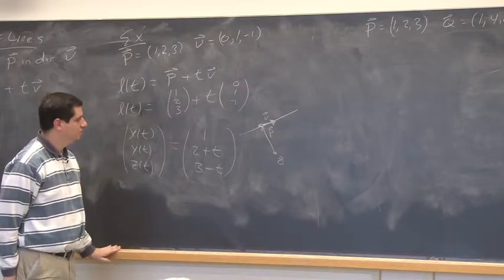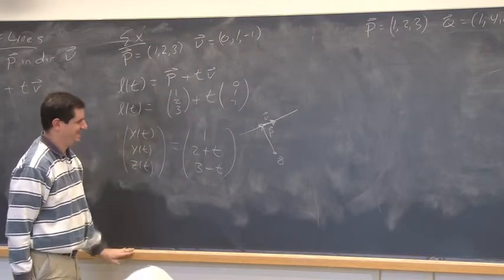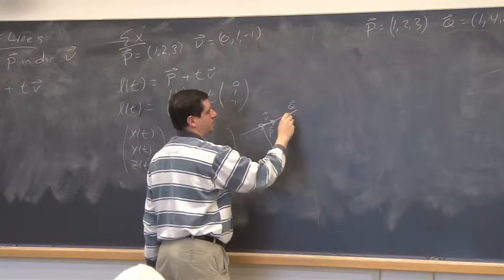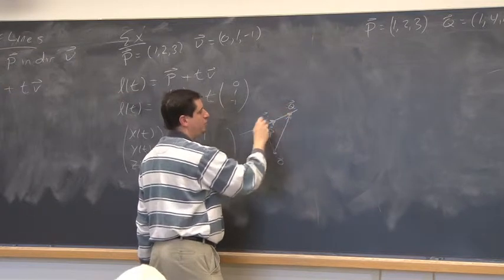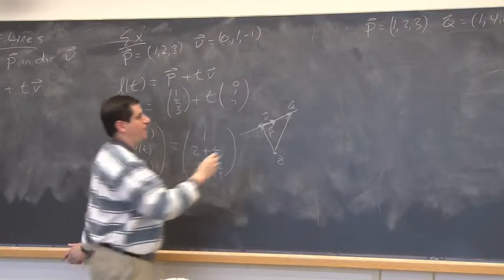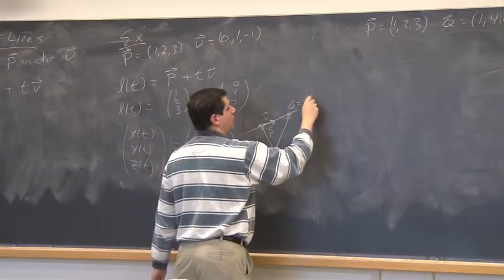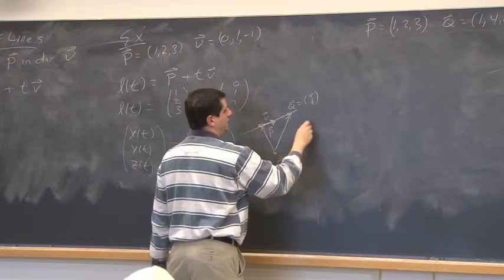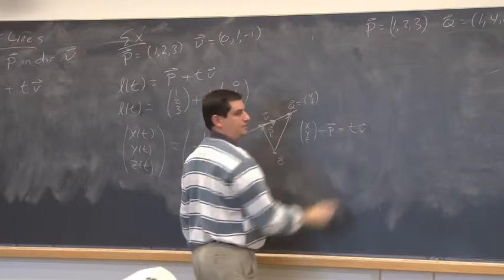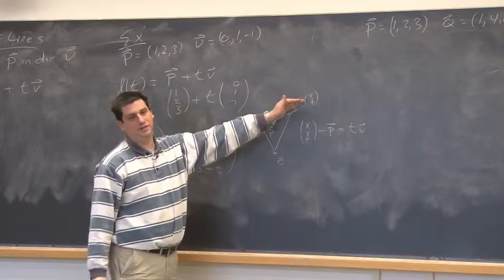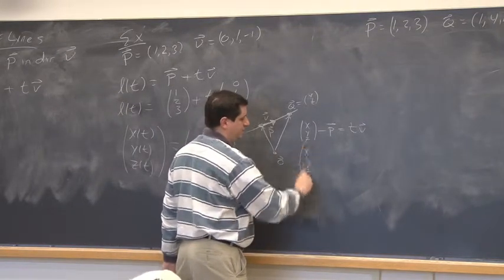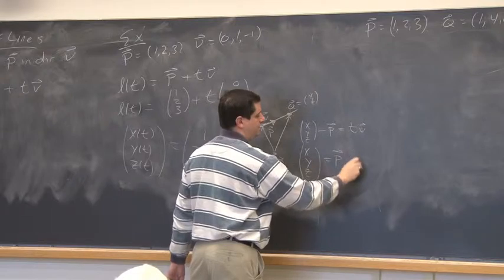Yes? Okay, so imagine you have some point here, Q, which is on the line. Then Q minus P has to be a multiple of V. So if my point Q is my point x, y, z, then I need x, y, z minus P to be some multiple of V. I'm moving in the direction V from the point P. And then just rewriting, this becomes the same as x, y, z is just P plus TV.